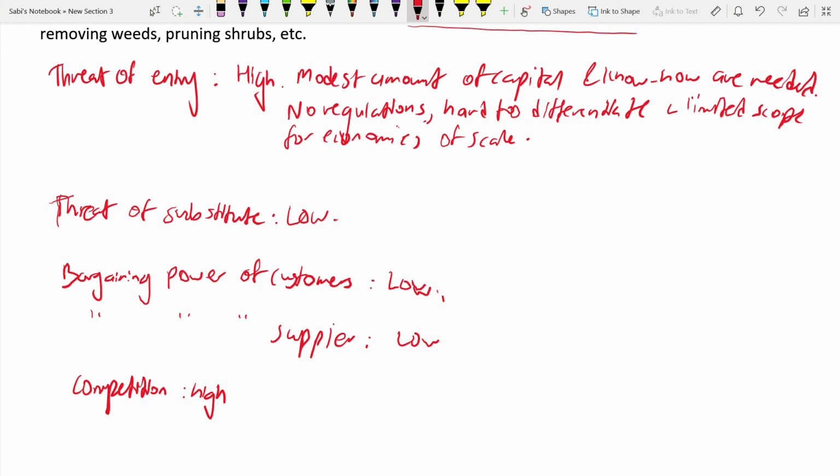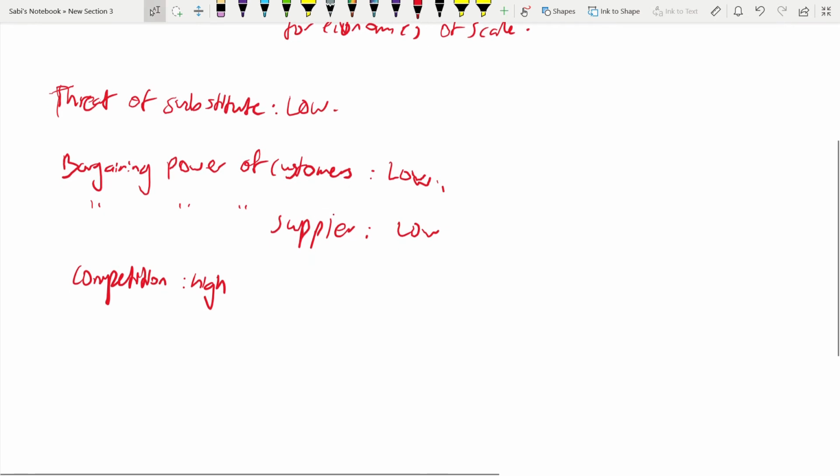Okay. And one more thing that you need to remember, that as all these five forces become more powerful, the industry becomes less attractive. I'm writing it here. Remember this always.